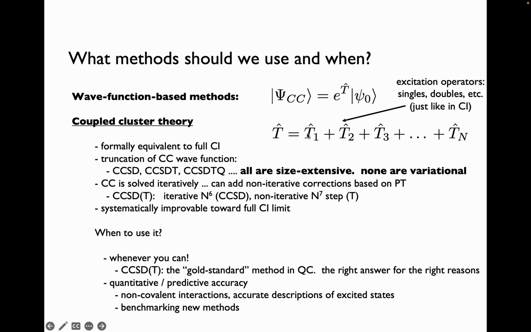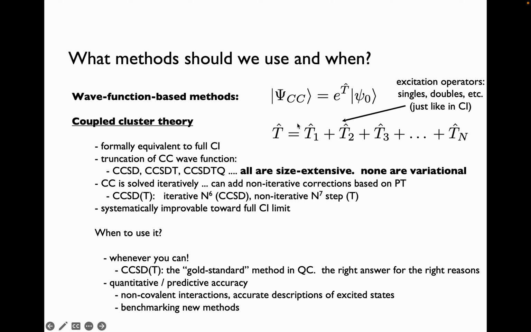Then what you end up with is an exponentiation of T1 plus T2, and the difference is that the power series expansion will give you pure T1 and pure T2 terms, but it will also give you terms that have products of T1 with T2 and T1 squared and T2 squared and things like this.